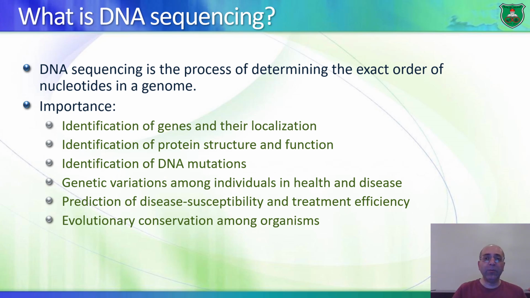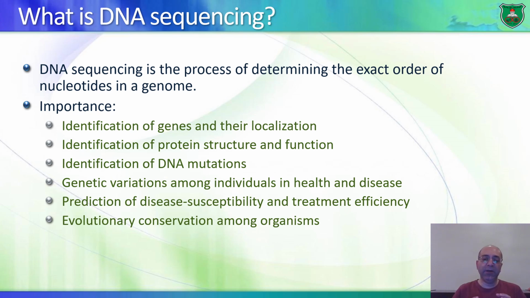We would be able to predict the disease susceptibility of an individual. So by knowing the DNA sequence, we can say, you know what, there is a 50% chance that you might get this disease as you grow older, or that disease, or pay attention, don't take this medication because you have a genetic variant.